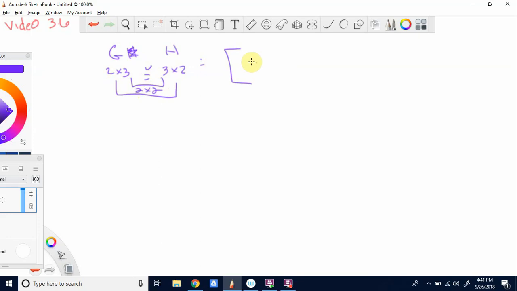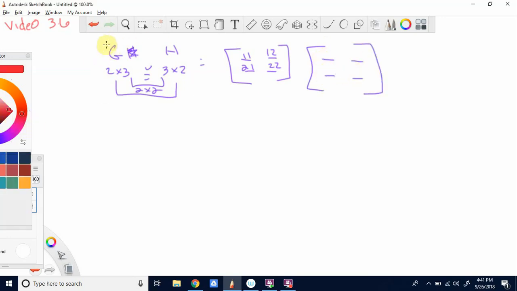So we're going to do a 2 by 2, 2 rows, 2 columns, and this is going to be 1, 1, 1, 2, 2, 1, and 2, 2. Remember, the first one is going to be the rows. The second one is going to be the columns.